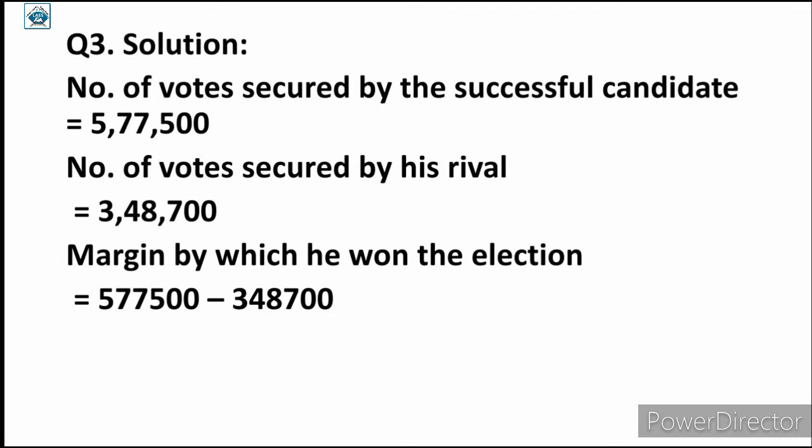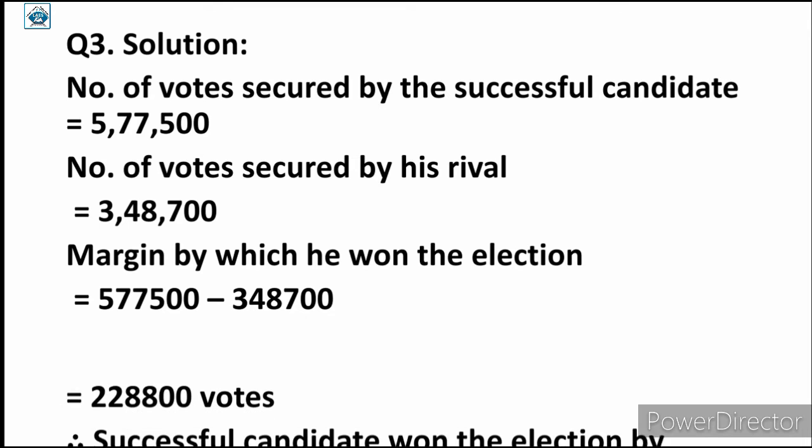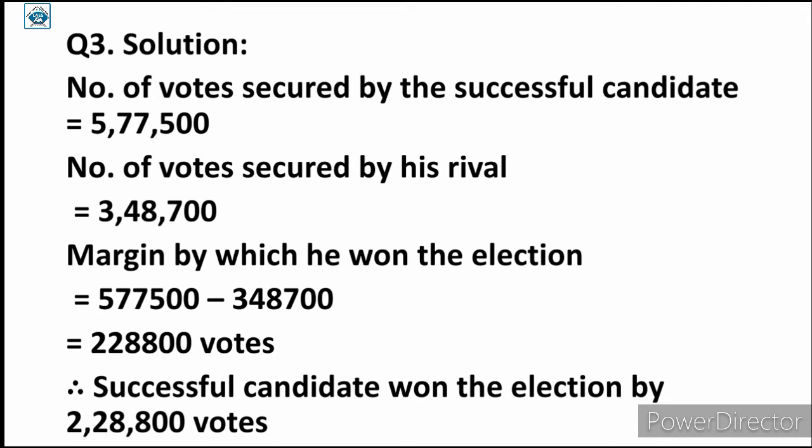So when you subtract these two, you will get 2,28,800. Therefore, successful candidate won the election by 2,28,800 votes. In this way, you need to write the solution in your notebook.